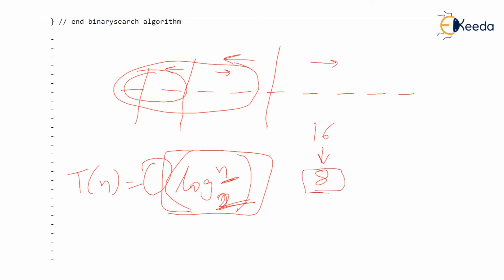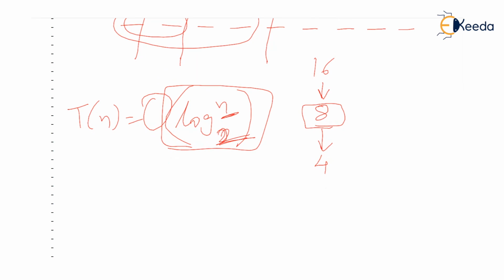And we discover that the value is not at that midpoint also. Then we will divide this and we will take 4 more elements, either to the left or to the right. So each time we are dividing our partition into two. When four elements are left, we will divide and again check whether it is in the left half or the right half. That's two. Two elements will then be searched and finally only one element.